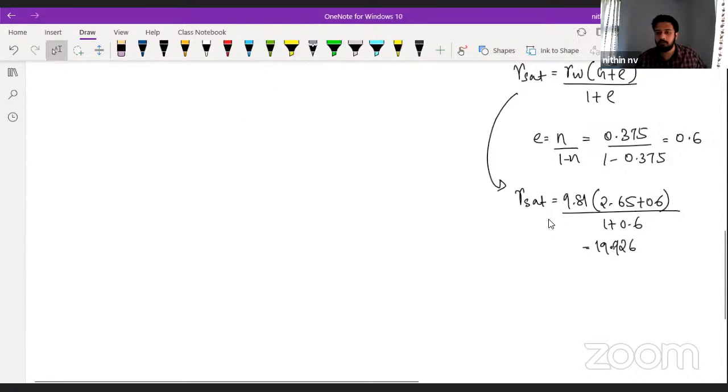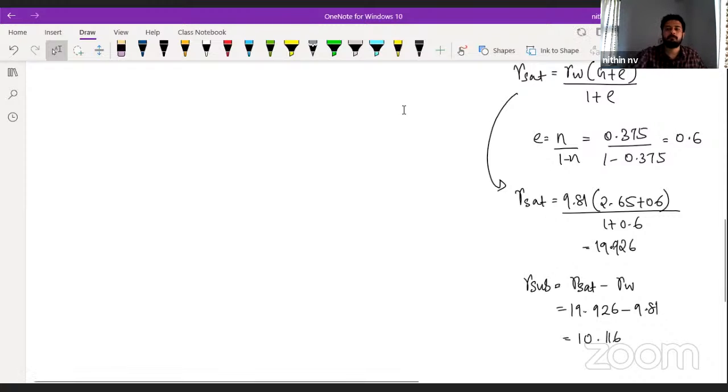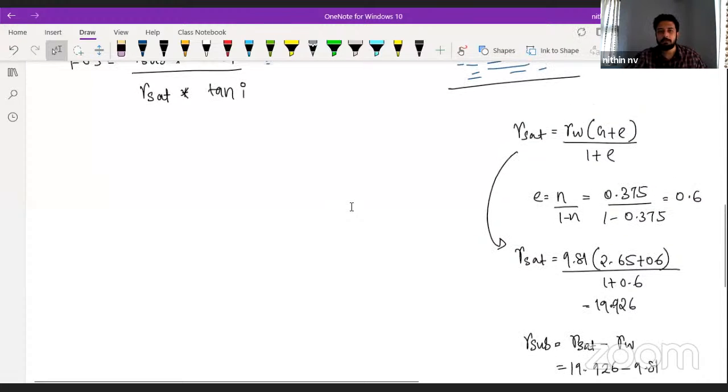So gamma submerged will be gamma saturated minus gamma w, which is 10.11. Yes, enough. So substitute here and take the answer.